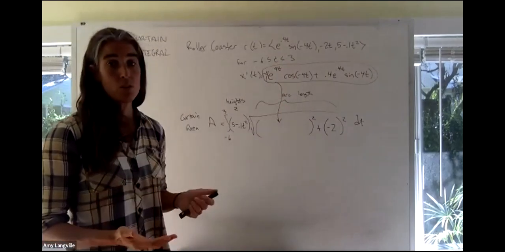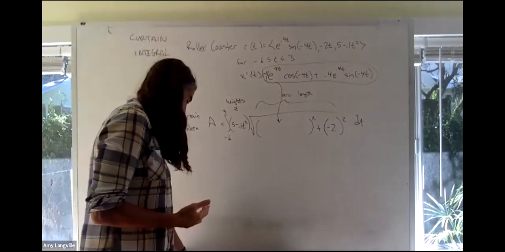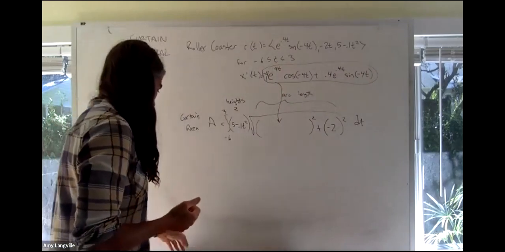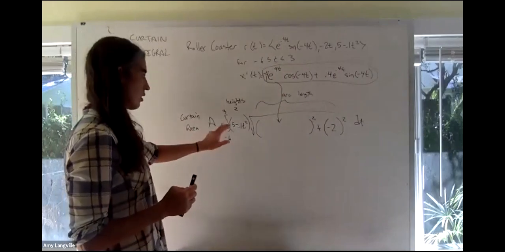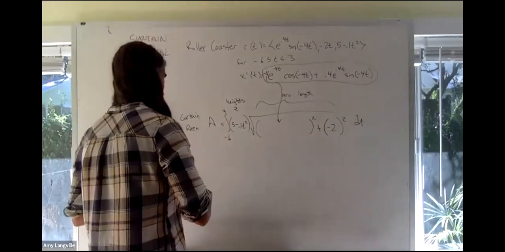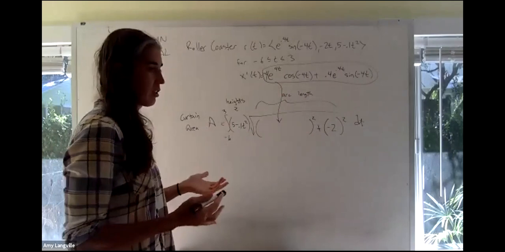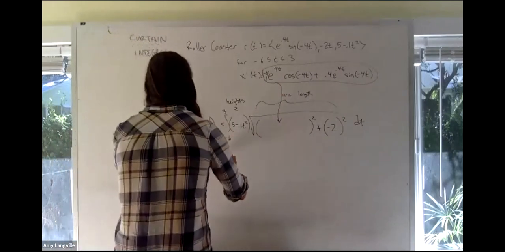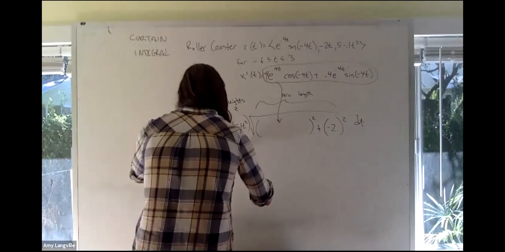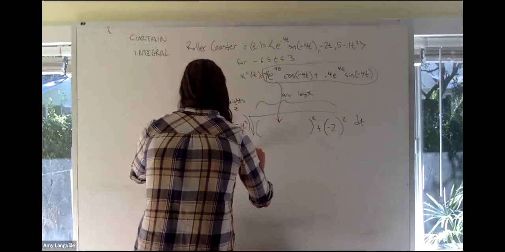Again, not one we can do by hand. We have to use a tech tool. We've practiced that last time. So you can use Wolfram Alpha, ask it to integrate and just type all this in. And there is no shortcut this time. You can't just say give me the arc length because you need to make sure you're multiplying by the height. So when you ask Wolfram Alpha to integrate this, you get 80.79.